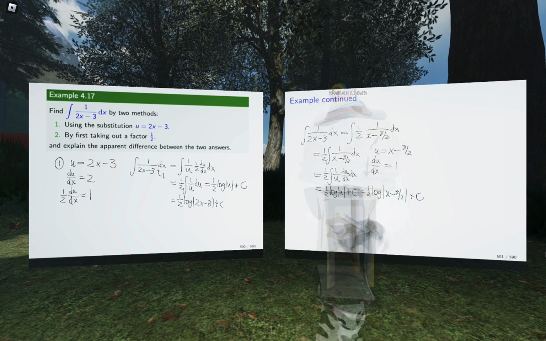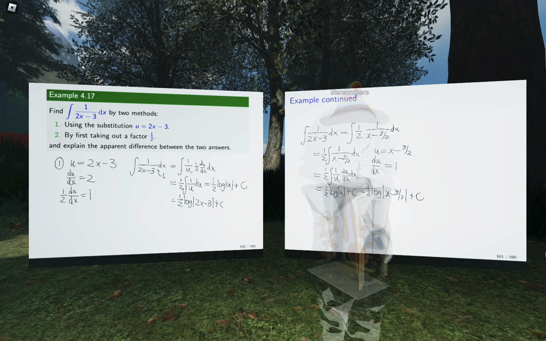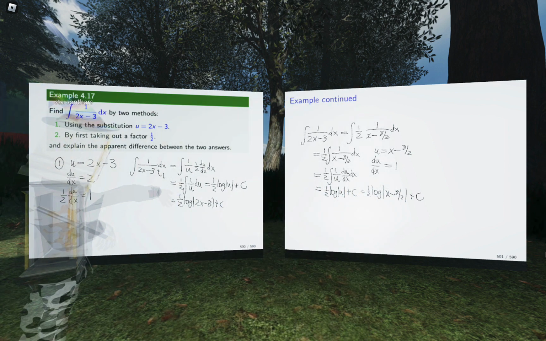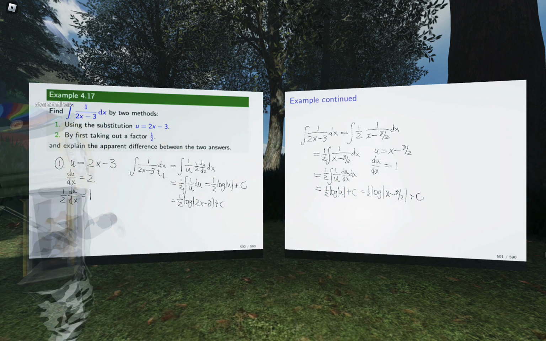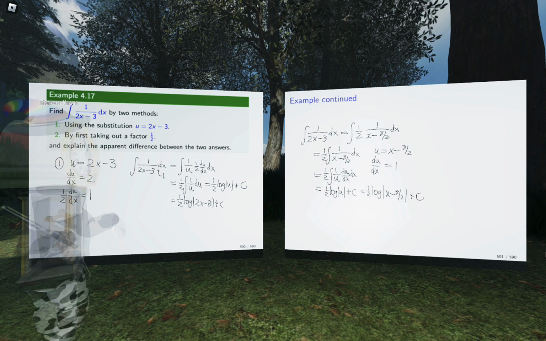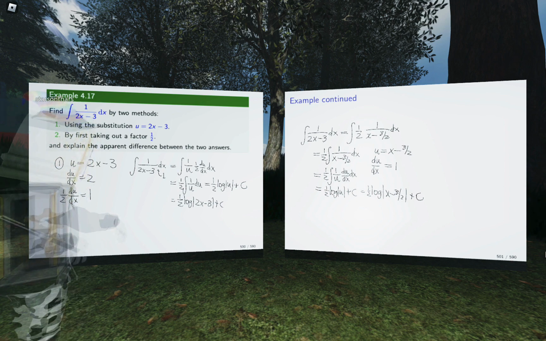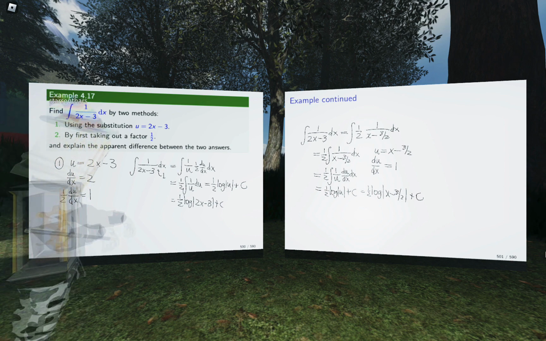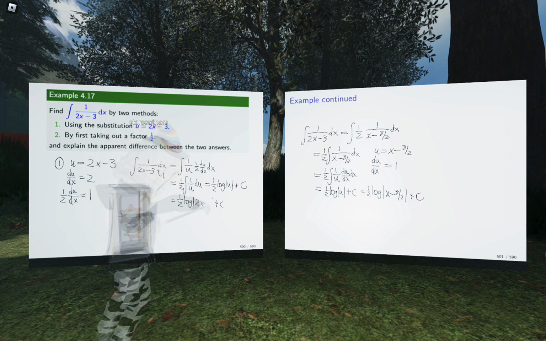All right. So that and that, they're both claiming to be the integral of the same thing. But are they the same thing? So it looks a bit like an 8, doesn't it?